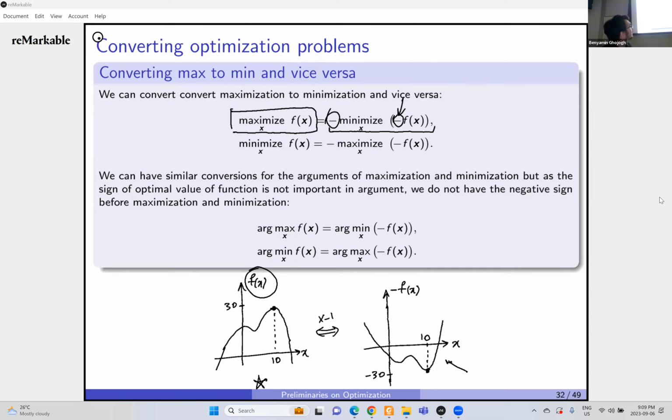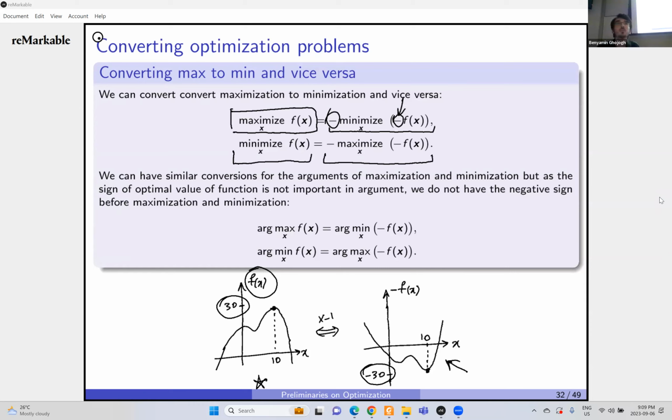I find this minimum. So I solve the minimization problem. It gives me minus 30. However, the maximum is supposed to be 30. So I have to multiply the cost by minus again. Likewise, minimize f of x, you can see that as minus maximize minus f of x.